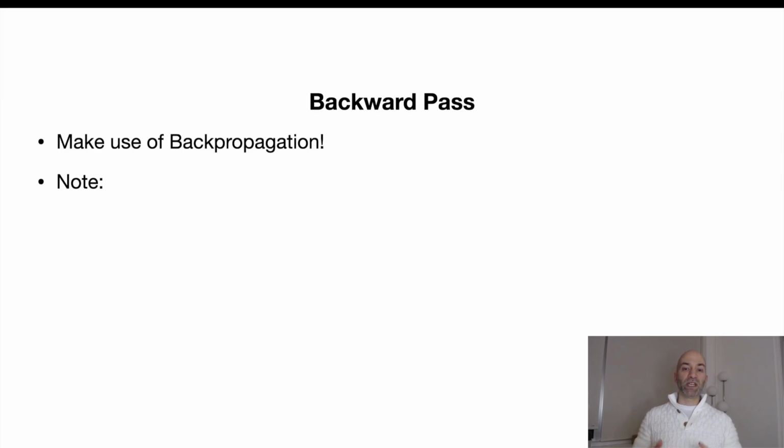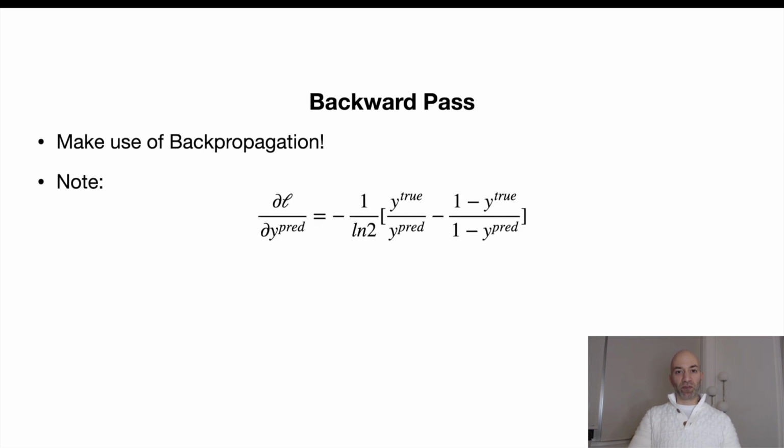Now, before we work through an example of backpropagation for this case, let's note the following equations. The first is that the derivative of our loss with respect to our predicted values is of this form. You can work that out yourself if you're interested. Our activation function, as mentioned, is going to be the sigmoid activation function, so it has this mathematical form.